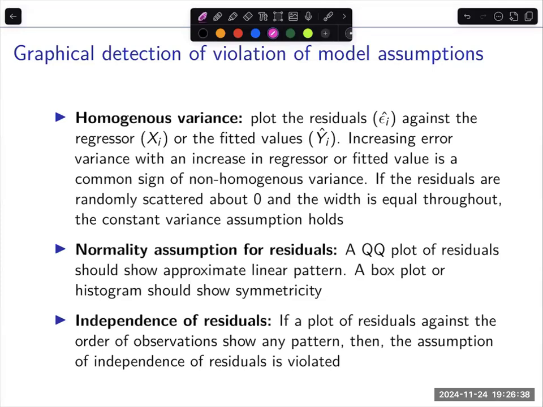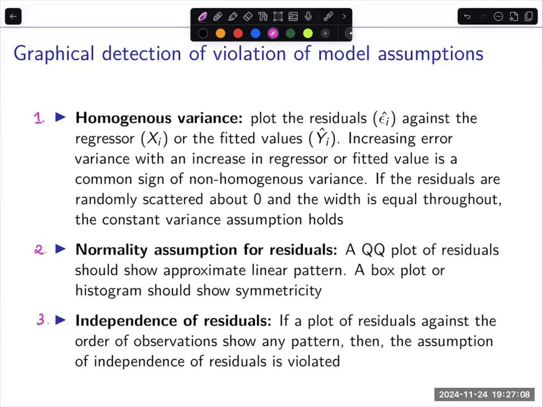In general, we use the residual against the fitted value to test assumption 1 and assumption 3. And we use the normality QQ plot, which compares the quantiles of the observed residual with theoretical normal data.